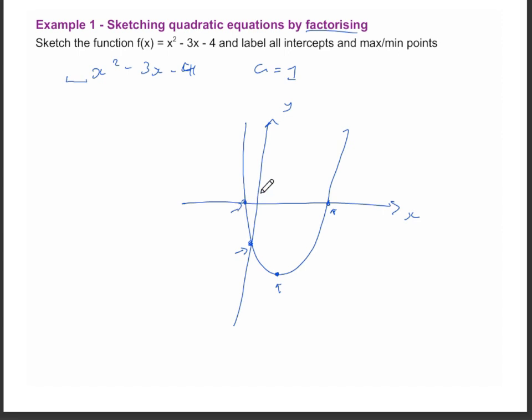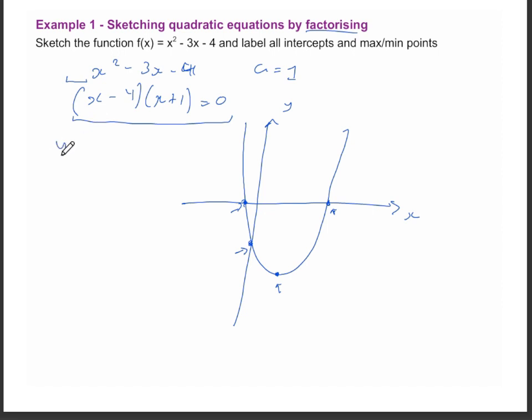Now, how exactly would we get that from our equation? By factorizing. So firstly, let's just factorize this. We would end up getting x minus 4 and x plus 1 equals 0, right? And you do know that if you solve this equation, you would get the x-intercepts directly. Why?